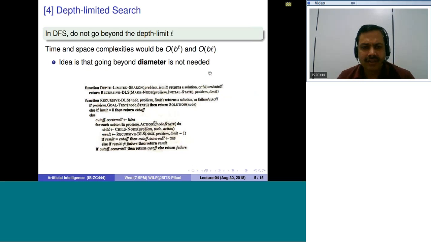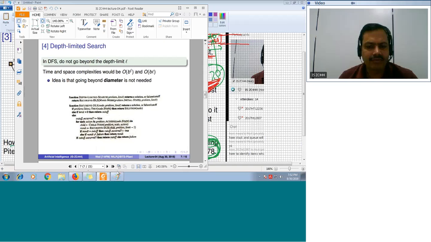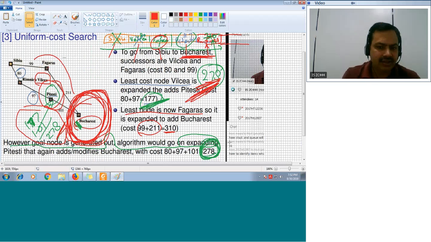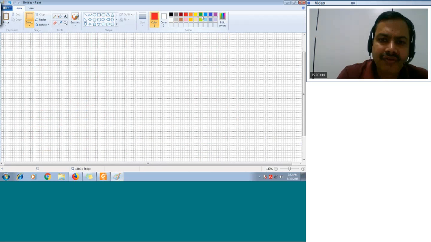So this we have studied, and the next thing is depth limited search, which is straightforward. DFS has a very big problem. Sometimes your search space is very large, so the search can go infinitely deep.